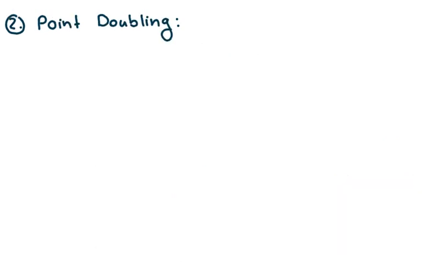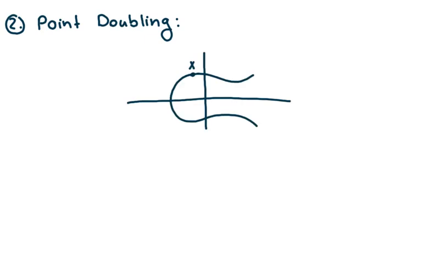The next operation associated with elliptic curve cryptography is called point doubling. This is pretty similar to point addition, except this time you're adding a point to itself in order to attain some third point r. So if you've got an elliptic curve with some point x on it, then to find x plus x, or r, you would draw a tangent line from point x and continue it all the way until you hit another point on the curve.